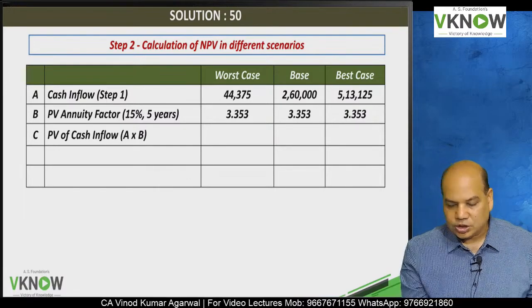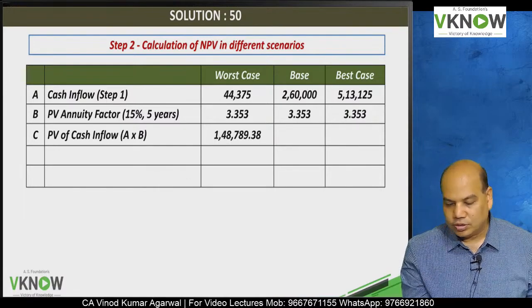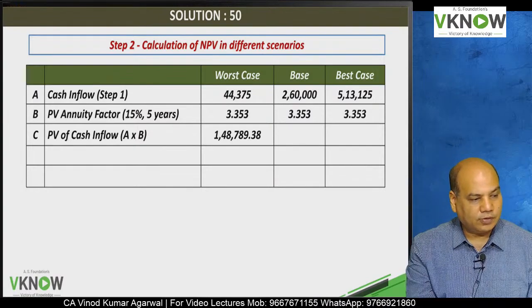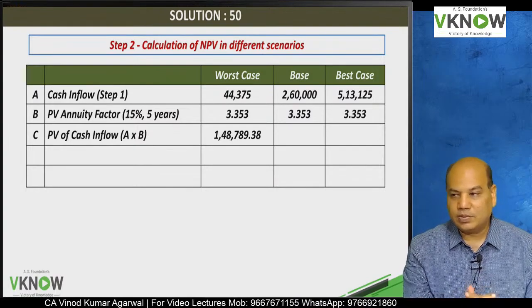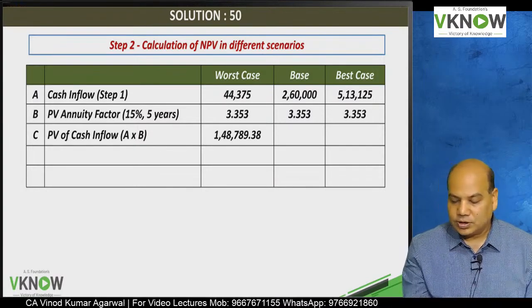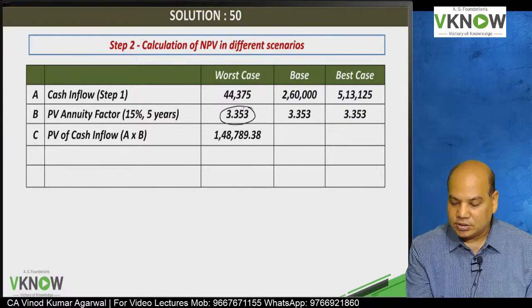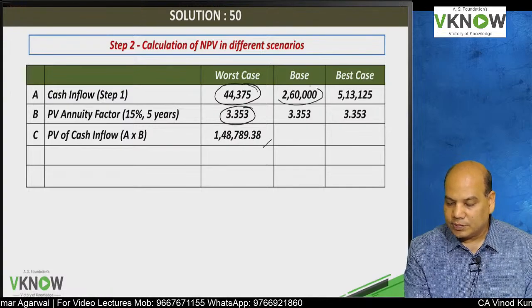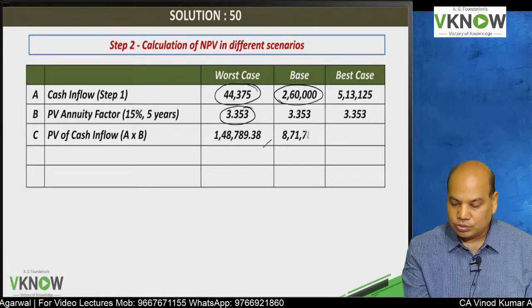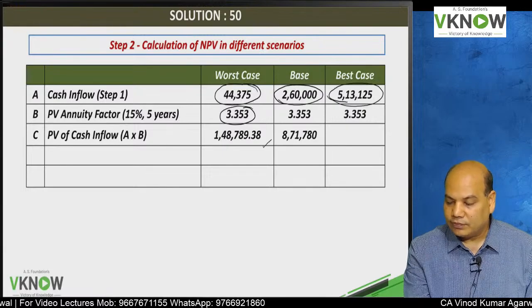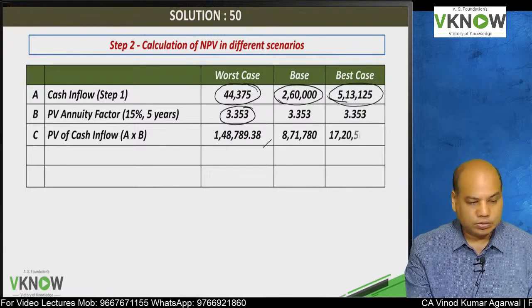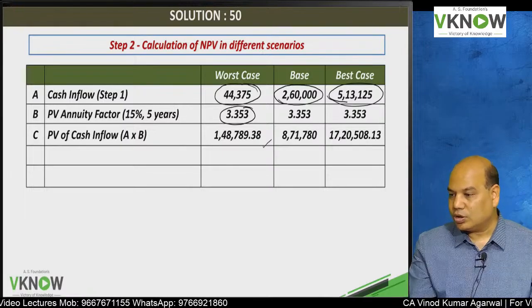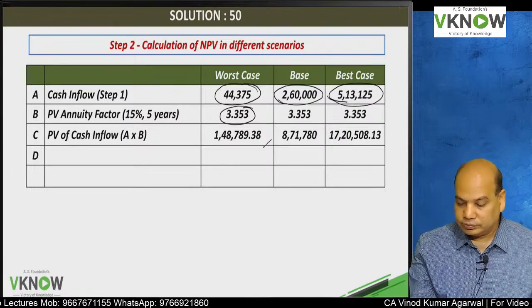Therefore, PV of cash inflow, A multiplied by B. First number, type this into this, 44375 equal to. Now just type 2,60,000 equal to. Just type 513,125 equal to. You can round off the numbers if you want.